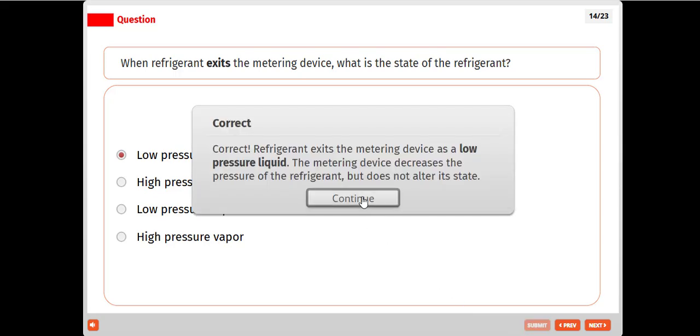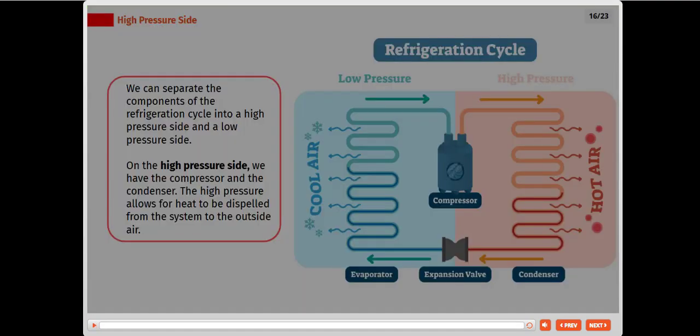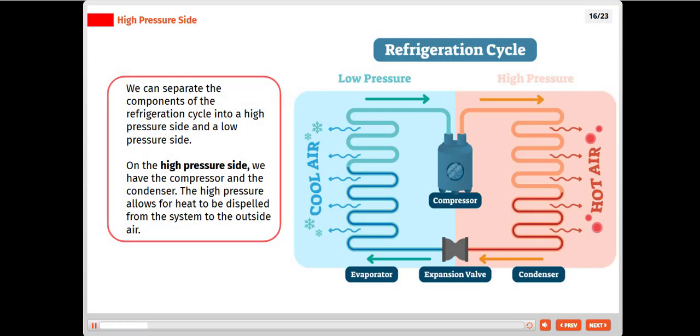Changing pressure allows us to move heat from inside the house to outside. We can separate the components of the refrigeration cycle into a high-pressure side and a low-pressure side. On the high-pressure side, we have the compressor and the condenser. The high pressure allows for heat to be dispelled from the system to the outside air.